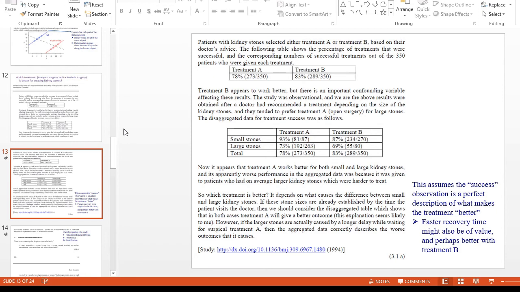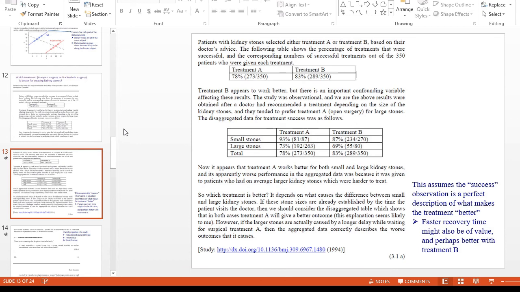In that case, the aggregated data would be the correct one to use to observe that treatment A was actually the cause of a lower success rate. Now, that's not what happened in this particular study, but I'm indicating that it's difficult, taking observational data, to know whether this confounding variable exists or not.